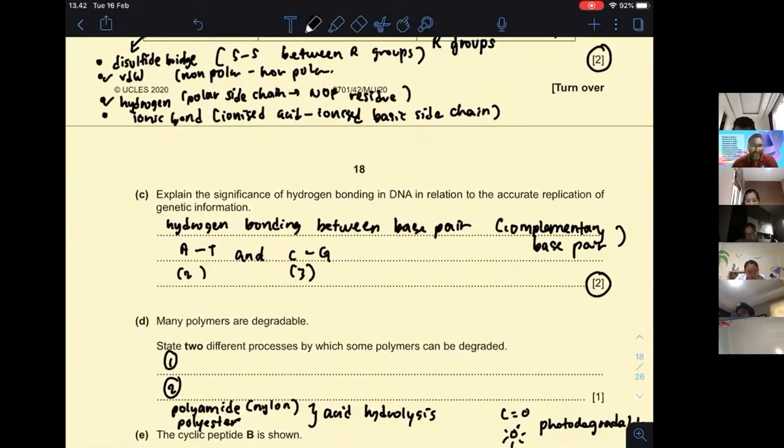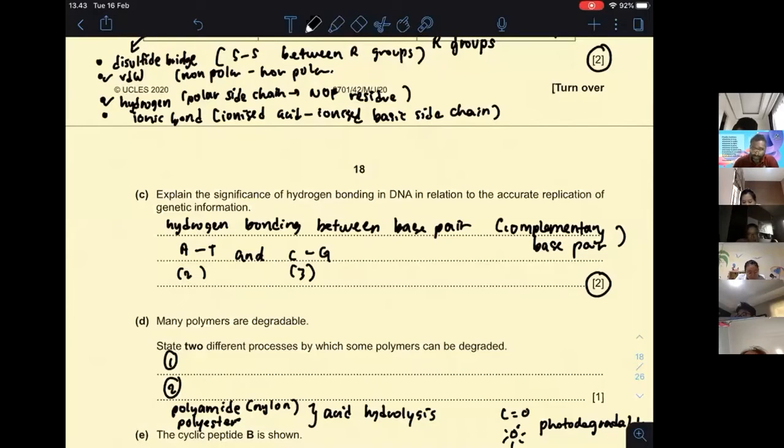Here they say related to hydrogen bonding, explain about significance in DNA in relation to accurate replication of genetic information. You need to mention there is going to be hydrogen bonding between the base pair. They are called complementary base pair. So you can say hydrogen bonding between the complementary base pair.